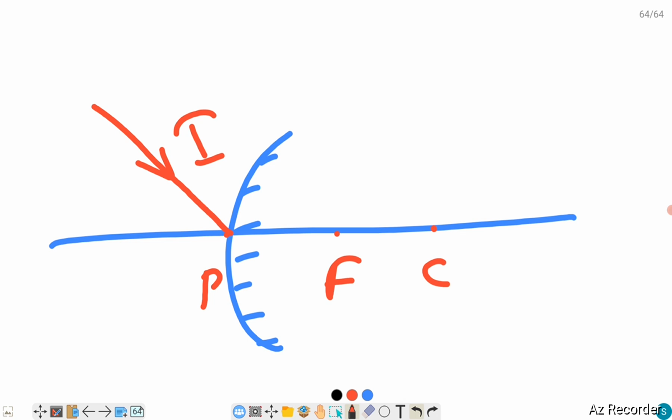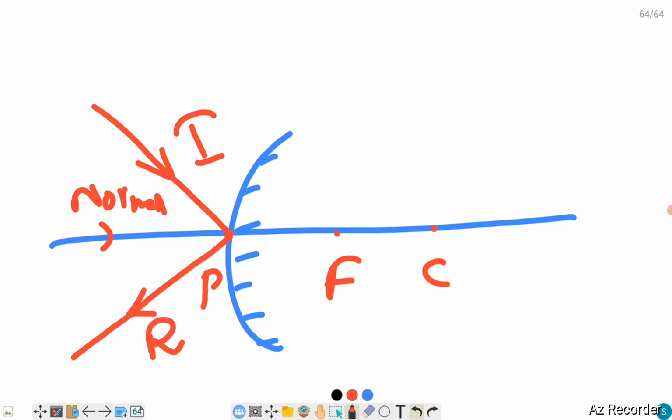Now observe what the principal axis is here. This is acting like the normal, correct? Because it is passing through the center. How will the reflected ray be? It will be on the other side of the principal axis. So here you will have the reflected ray. If you measure angles, angle I and angle R will be equal with respect to the principal axis because that is the normal. Understood? These are the ray rules of spherical mirrors.